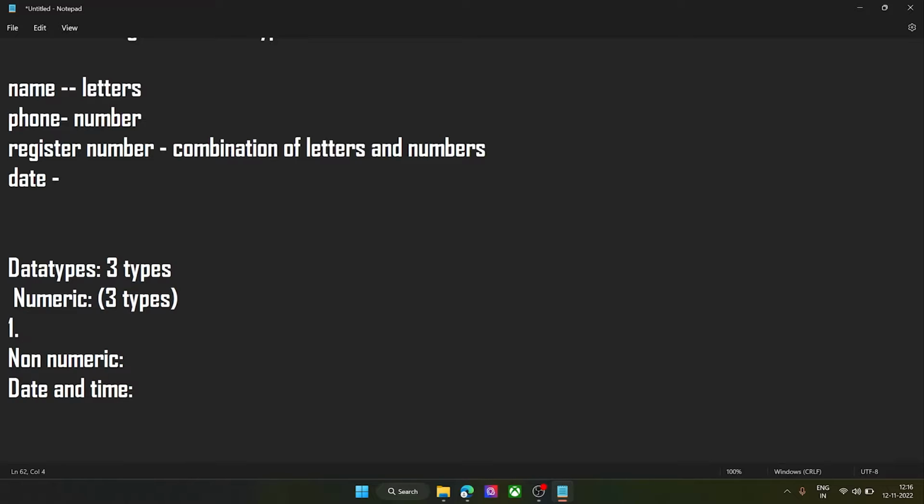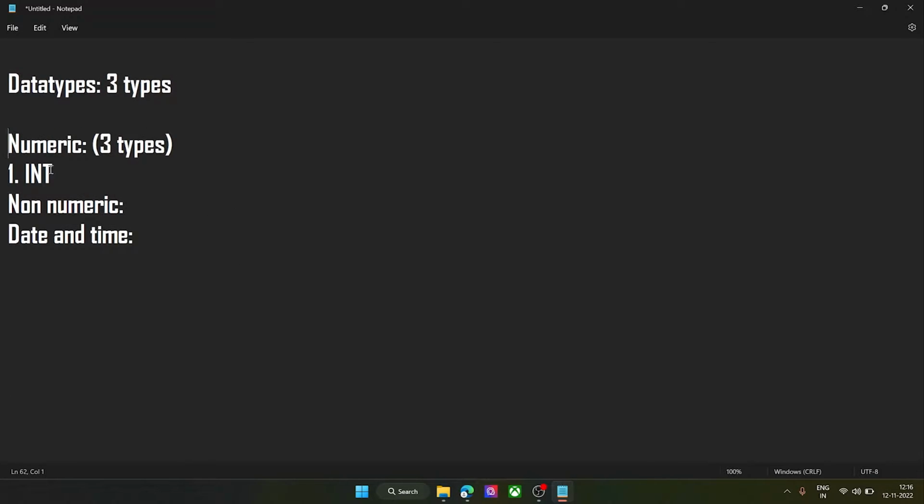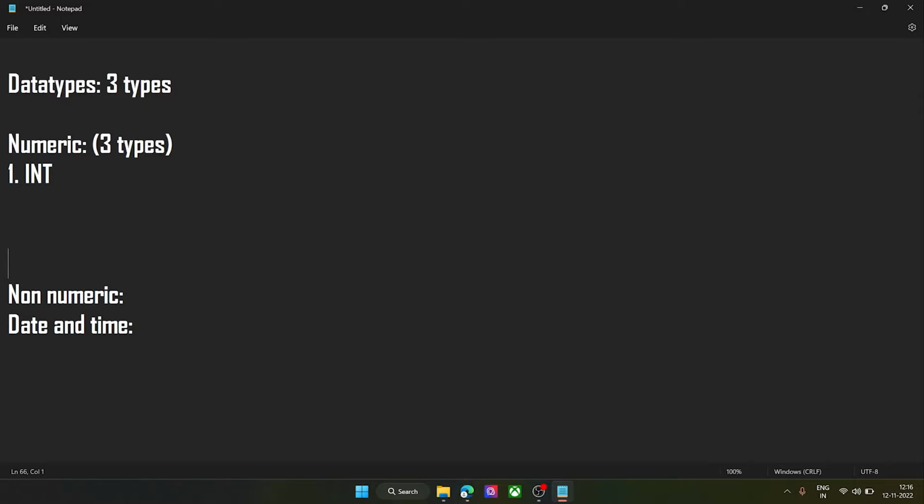The first one is int. How do we write int? Int is written only for whole numbers.